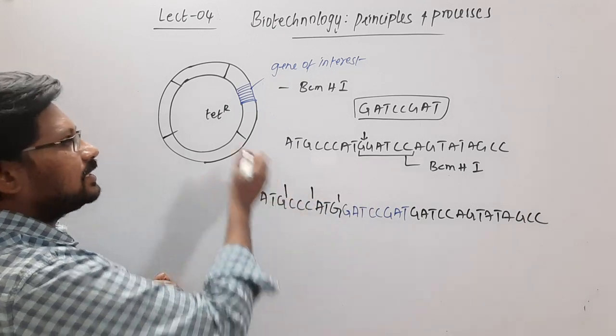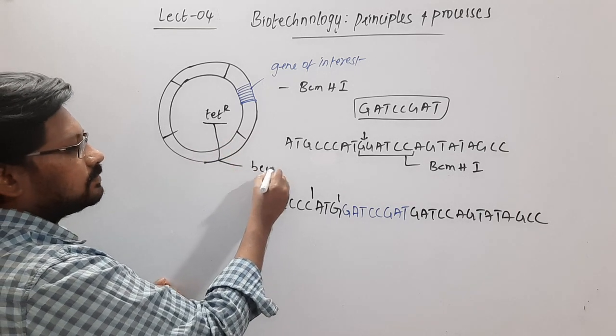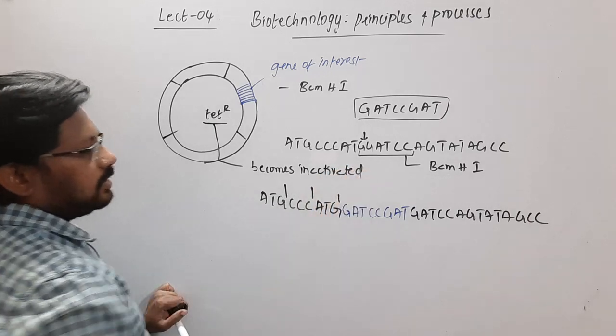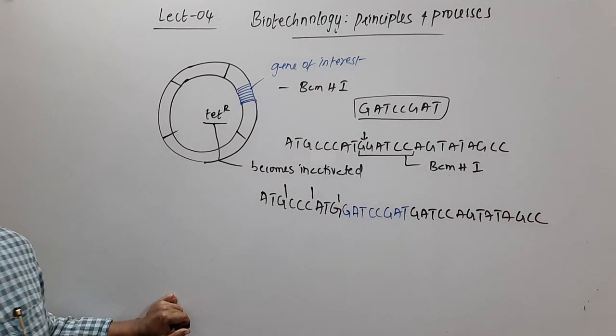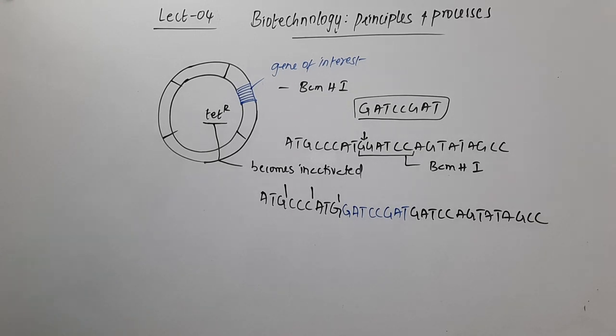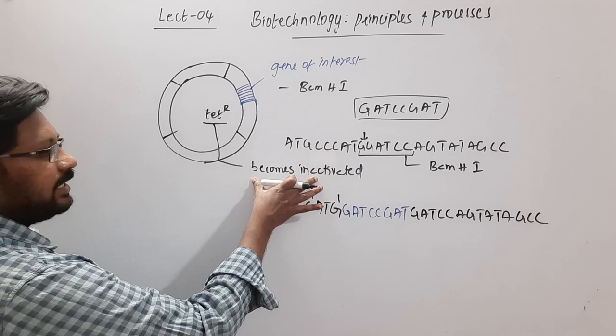As a result, the tetracycline gene becomes inactivated. The tetracycline gene gets inactivated due to insertion, and that is what we call insertional inactivation, right? So it becomes inactivated tetracycline.